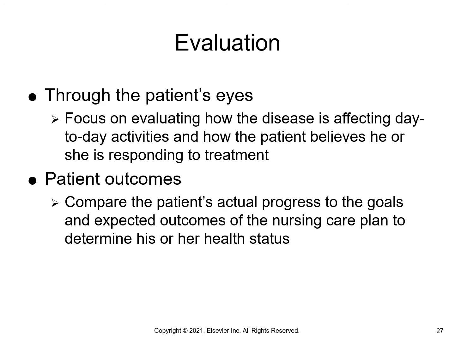And we always see it from the eyes of the patient. Does the patient feel that our interventions were successful? We might think they were successful, but the patient doesn't feel that way. It is important to ask the patient about their perception of their care and compare those actual outcomes to the goals and expected outcomes that you put in the planning phase.